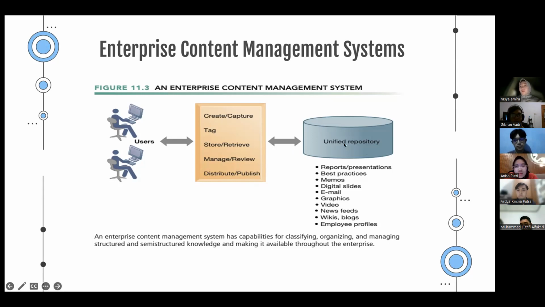The repository will hold reports or presentations, best practices, memos, digital slides, email, graphics, video, news feeds, wikis, blogs, or employee profiles. An enterprise content management system has capabilities for classifying, organizing, and managing structured and semi-structured knowledge and making it available throughout the enterprise.